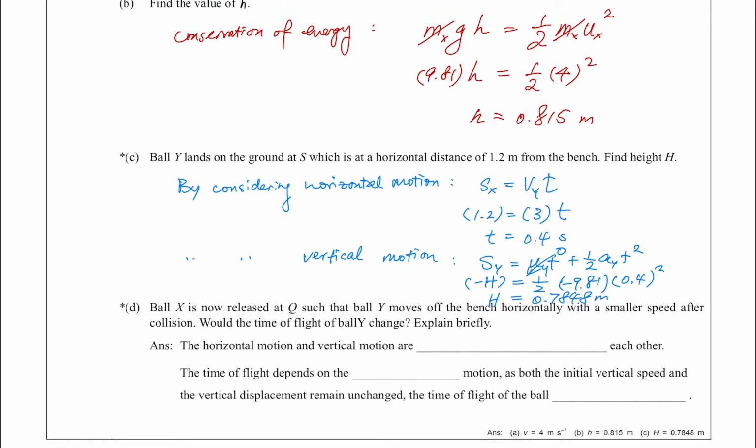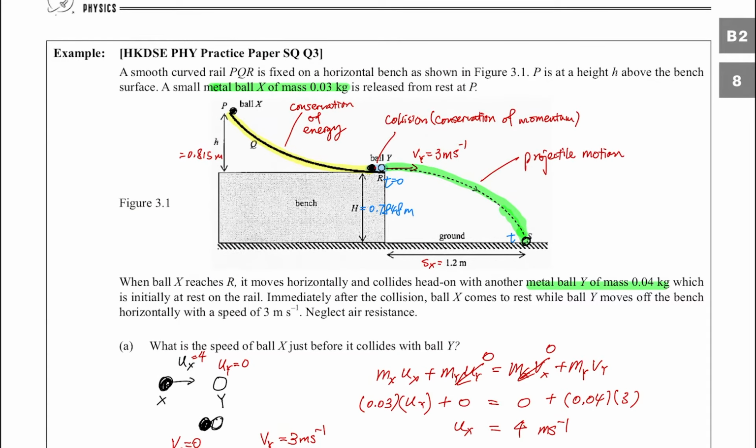Lastly, it is said that ball X is now released at Q. Where is Q? Q is here. So it is released at a lower height, not as high as P. So when ball X reaches point R and collides with ball Y, we know that it would move with a smaller velocity, slower speed.